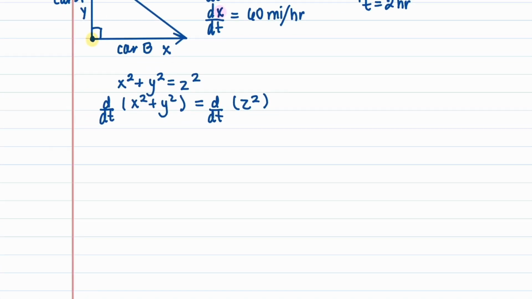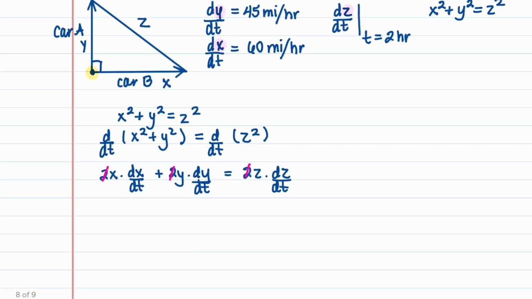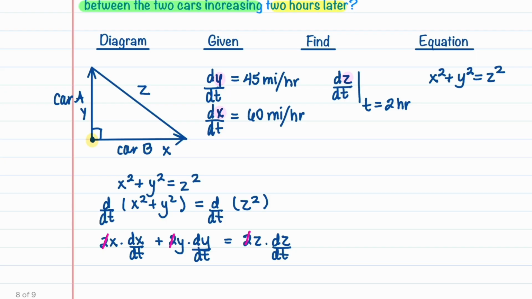This derivative is 2x times dx/dt plus 2y times dy/dt is equal to 2z times dz/dt. Let's notice that our 2's are going to cancel. And let's go back and see what we want to find. We want to find dz/dt. So that's right here.